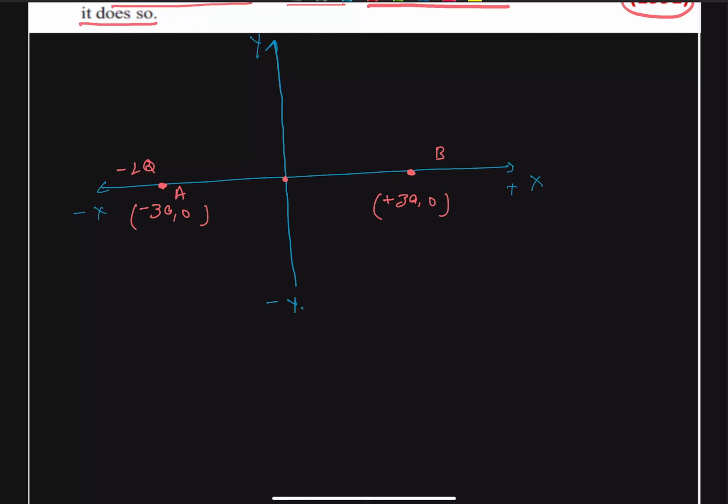And the point P is given in the xy plane, and let us suppose that point is somewhere here. This is point P, and its coordinate is given as x and y. Let us join this point P. And here the charge is plus q at point B.